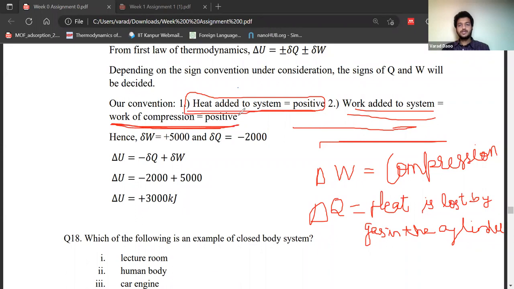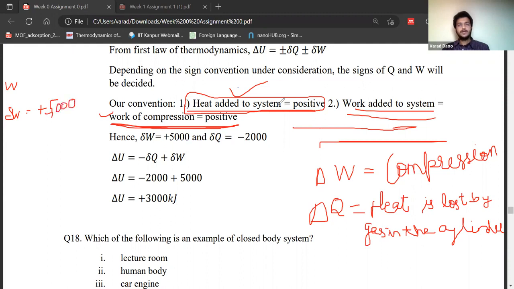So these are our sign conventions. As per our convention, W of compression is positive. That means delta W we are going to take as plus 5000, right?